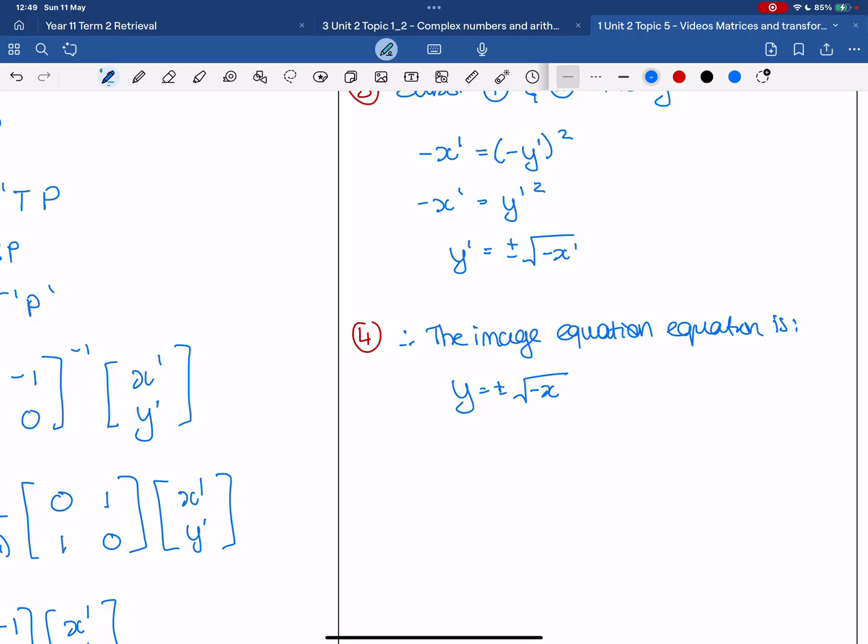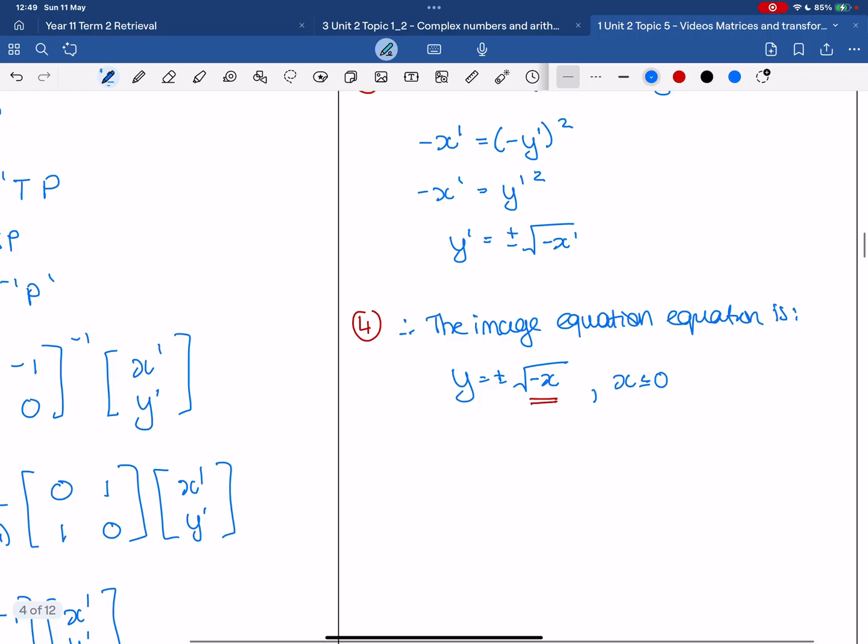Now, what's important about this is that this thing is actually only going to be valid where x is a negative number, because we can't find a square root of a negative number. So it is important that we put a domain in for this function. Very important. Don't forget to add your domain.